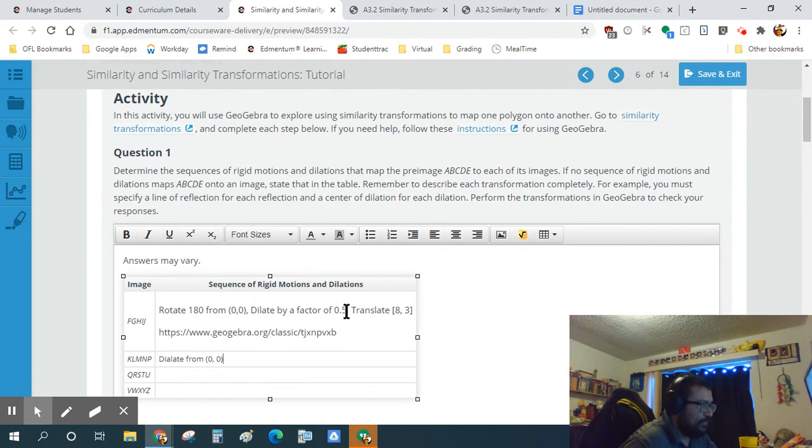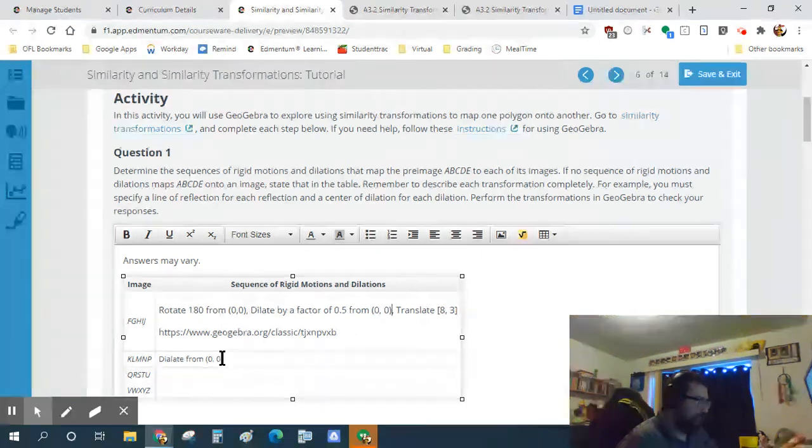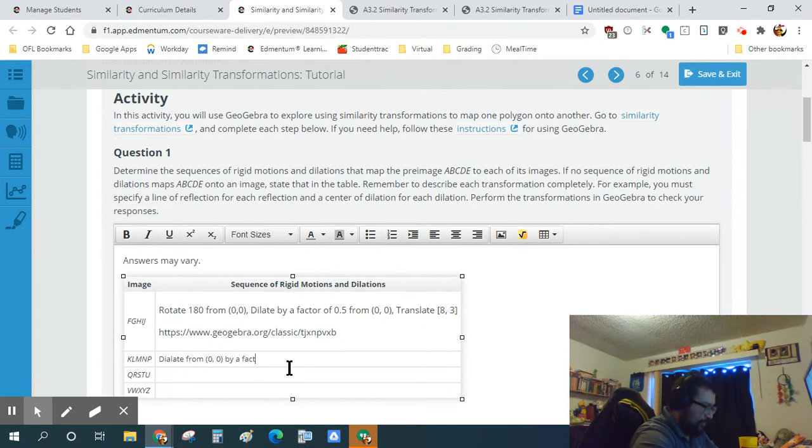Oh, this one I forgot. From (0, 0). I'm dilating it from (0, 0) by a factor of 2. I made it twice as big.